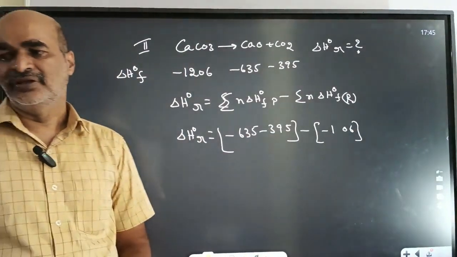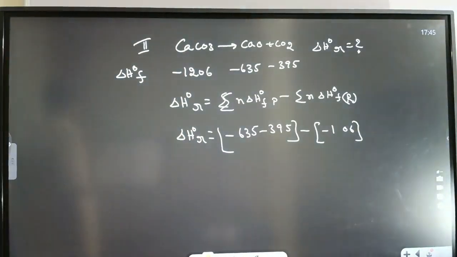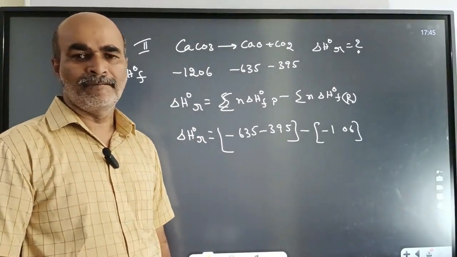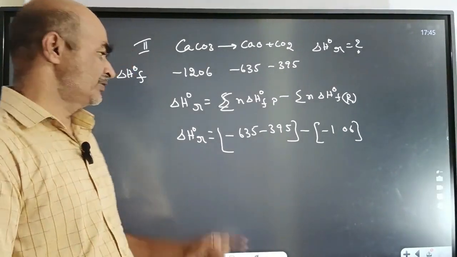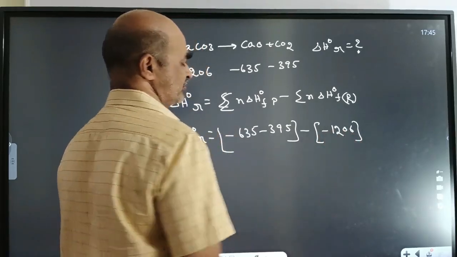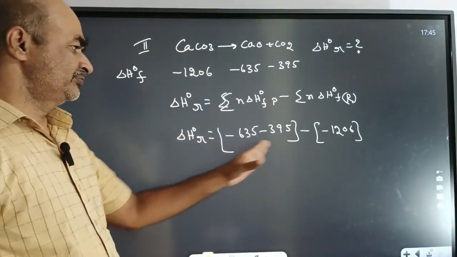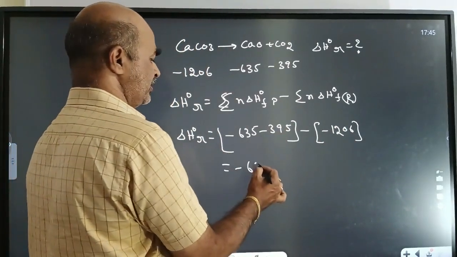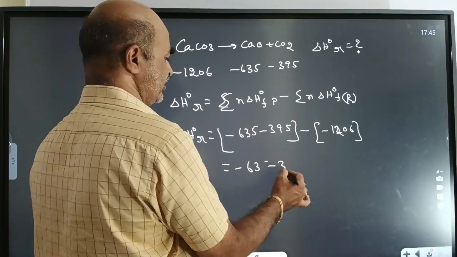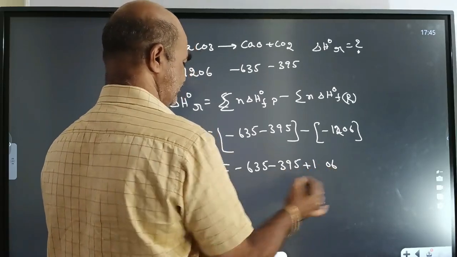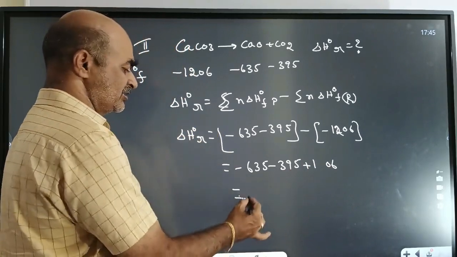Find the answer: minus 635 minus 395 plus 1206. Okay, this is the answer.